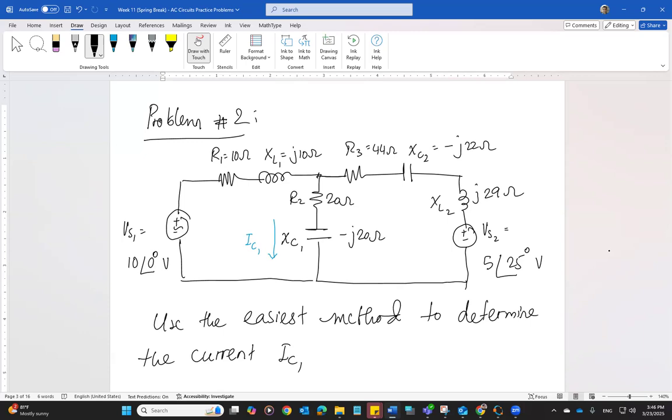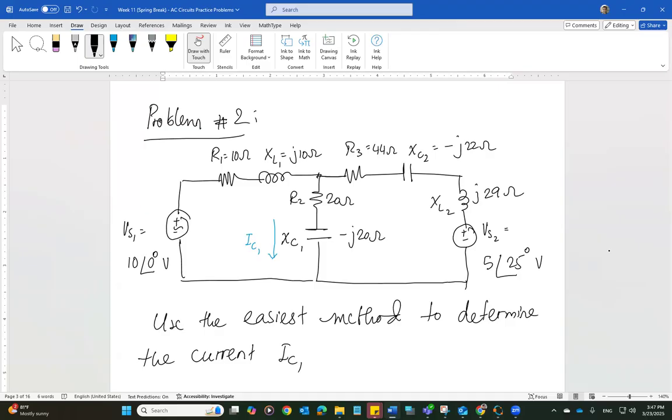The final result is not going to be the addition of the IC1 from each source, because the frequency is different. The final result is going to be two sinusoids, one because of VS1, so it's going to be IC1 because of VS1 plus IC1 because of VS2. So in the time domain, when you're representing that quantity, it's going to be a trigonometric function, but it has two frequencies.